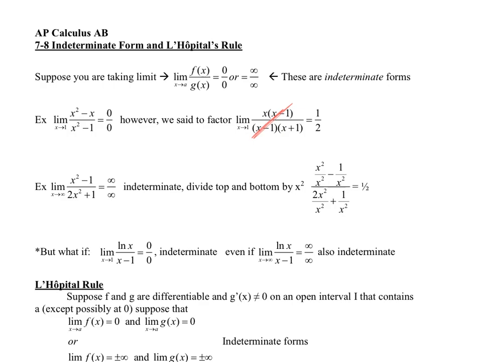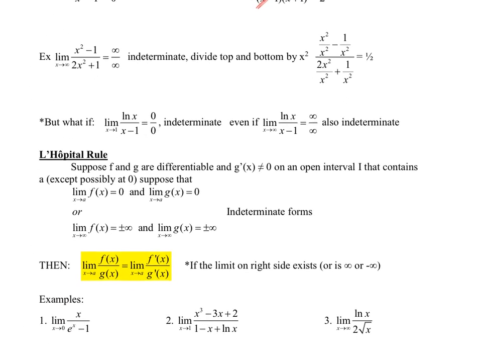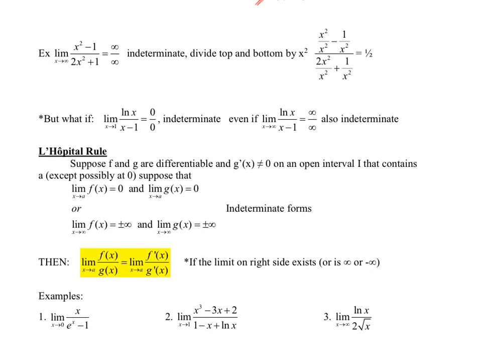And then we can get a little bit crazy. What if we had this situation right here? Okay, so what if we had this situation? Well, if I put in 1, the ln of 1 is 0, but now I can't use any of these tricks.